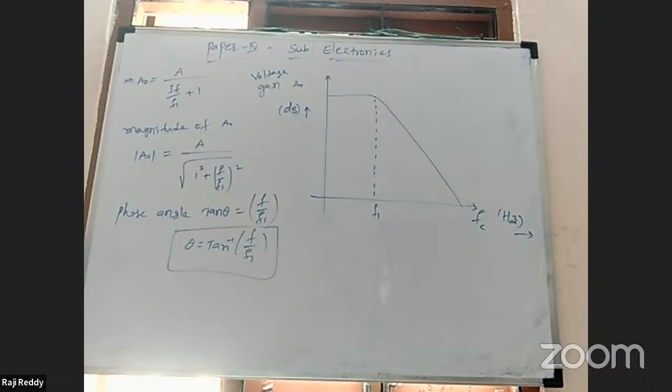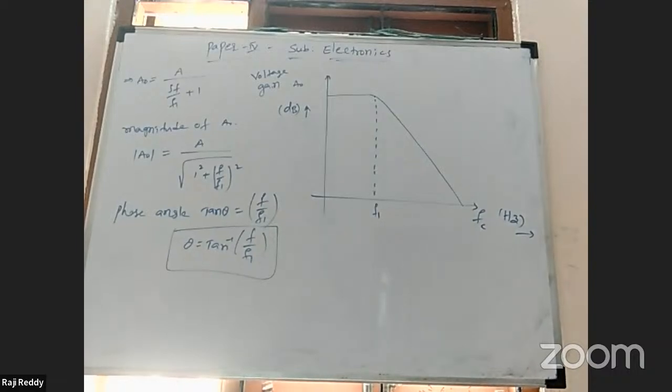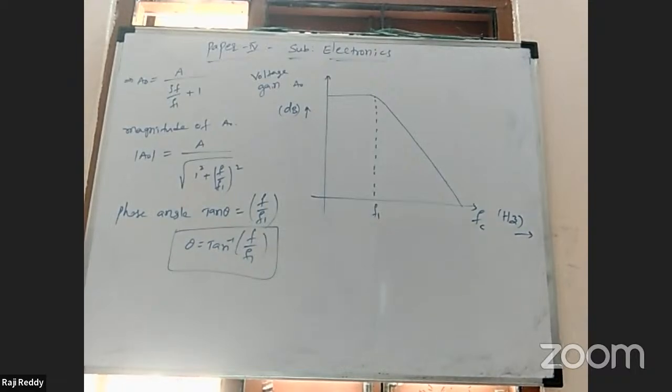The general expression for feedback gain is A naught by 1 plus beta into A naught, where beta into A naught is the gain around the loop formed by the amplifier and the feedback network. Again, you can substitute the A naught value, A by 1 plus j into f by f1, and you will directly get the answer.